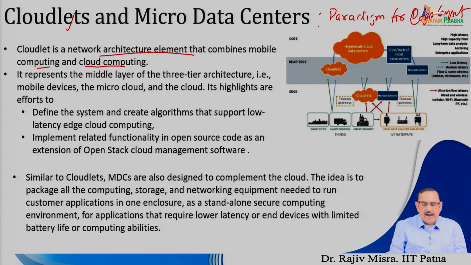Here you can see where the cloudlet is. Cloudlets lie near the edge, that means below the cloud, and this cloudlet is a network architecture element that combines mobile computing and cloud computing. Here also you can see the cloudlets.